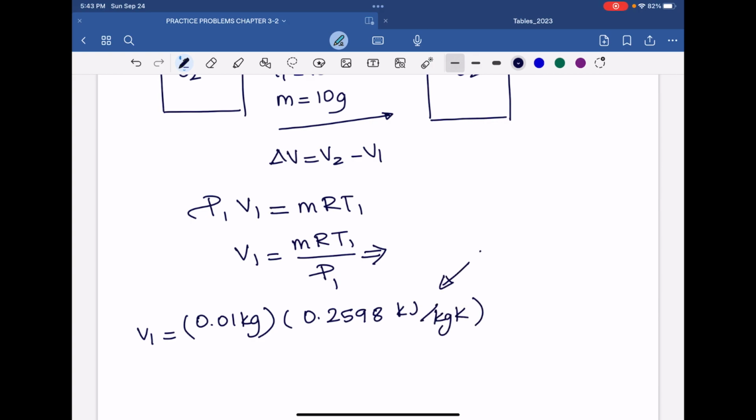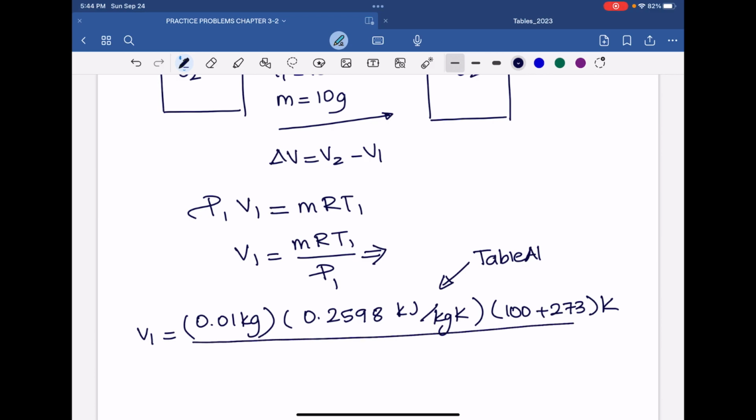So this is table A1. And T1 is in kelvins. I'm sorry, erase. It was 100 initially, right? 100 plus 273. So I did it wrong.